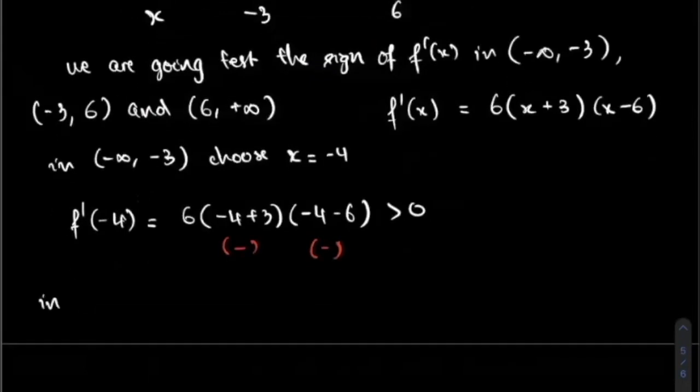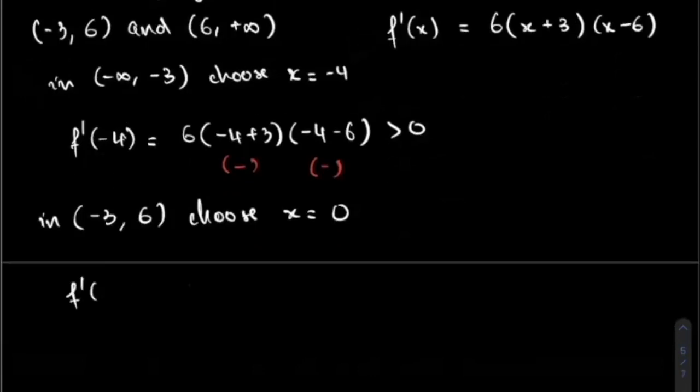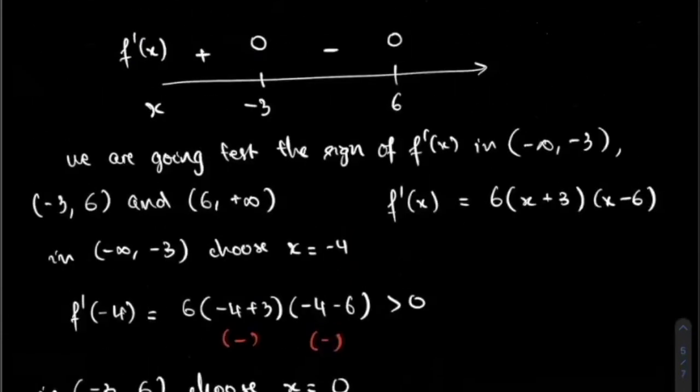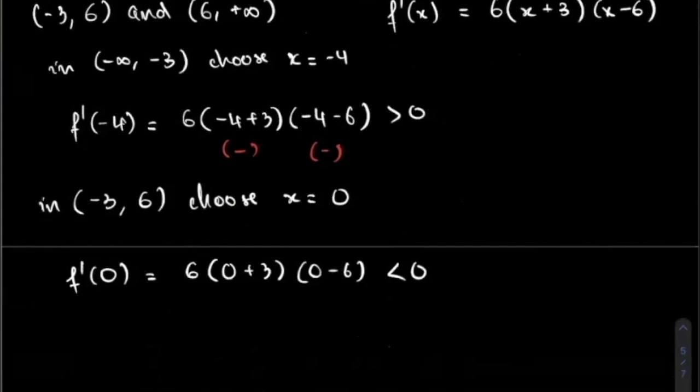Now for the second interval, from -3 to 6, I'm going to choose x equal to 0. Like I say, the easier for you to calculate, the better. So f prime of 0 equal to 6 times 0 plus 3 times 0 minus 6 is going to be a negative number. And in the last interval, from 6 to positive infinity, I'm going to choose x equal to 7.